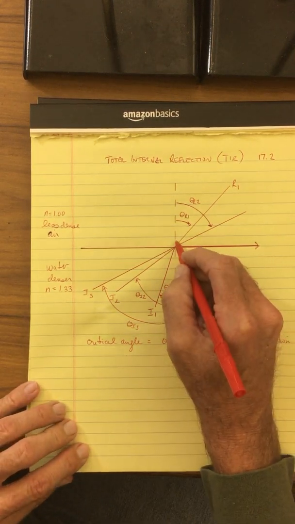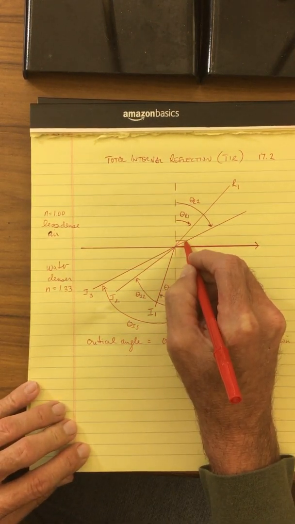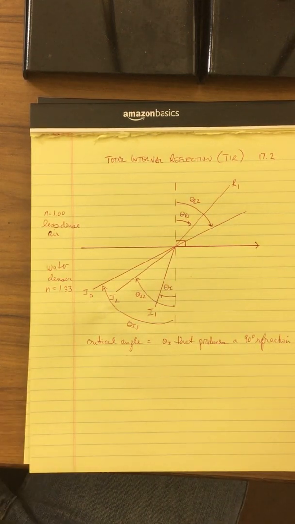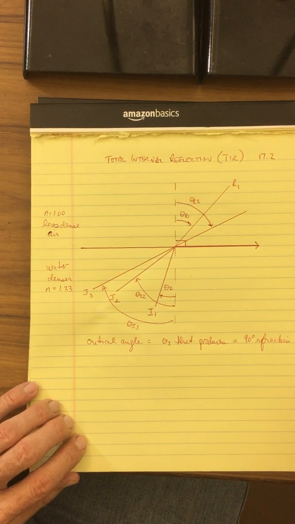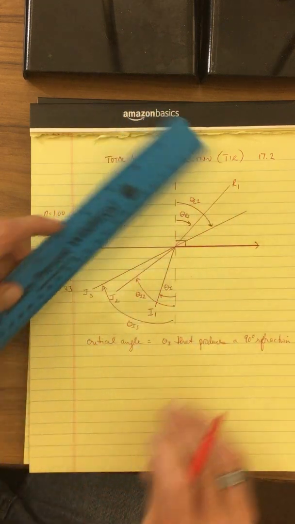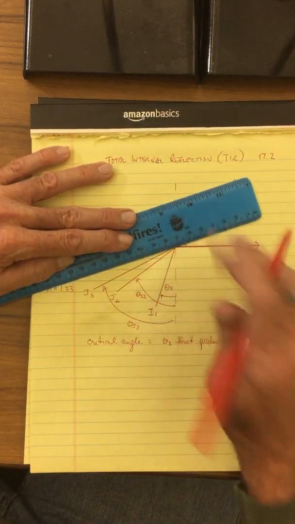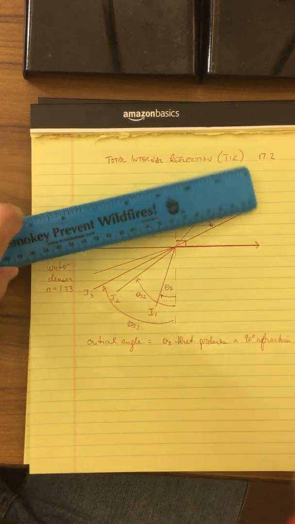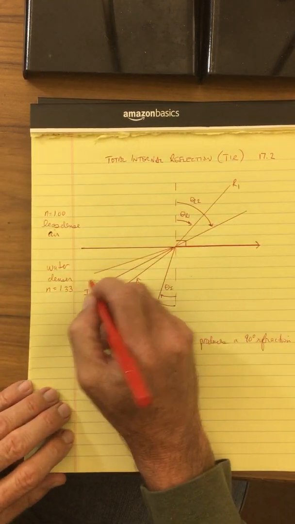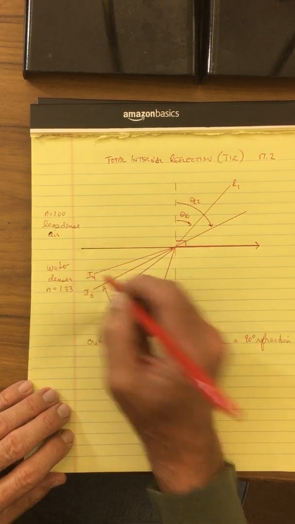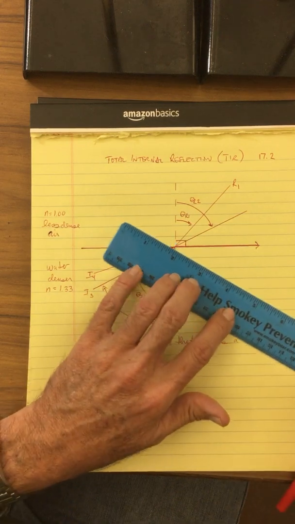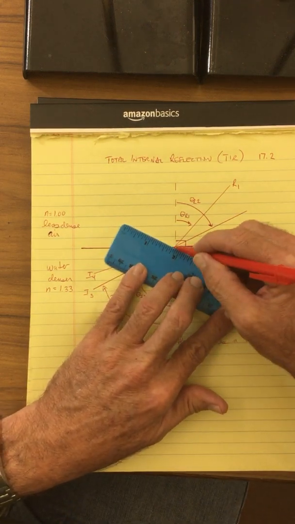And again, that 90 degrees is measured from the normal to the outgoing refracted ray of light. And as we discussed in the previous lab, if we have something that's greater than the critical angle, so this would be I4, what happens is we get total internal reflection.